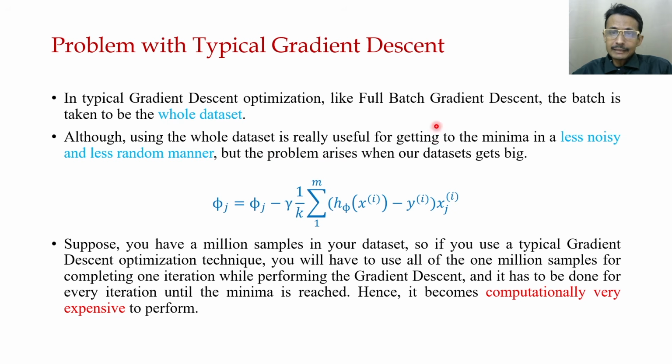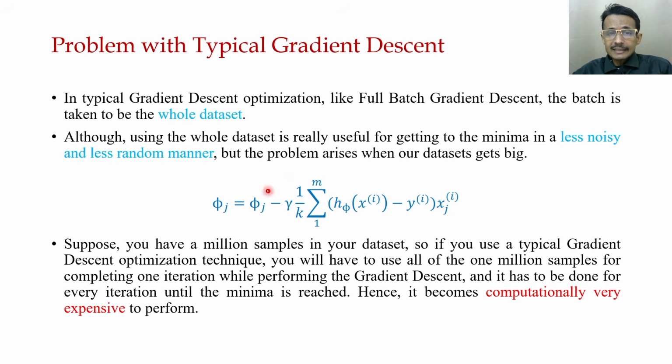But if the data set is very big, so that this m is very high, let's say a million samples, then for every iteration, or epoch, these values are computed a million times for a single weight updation, and that is very computationally expensive.